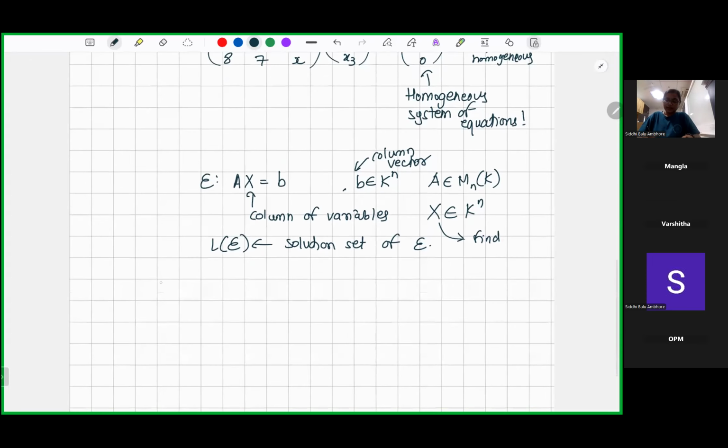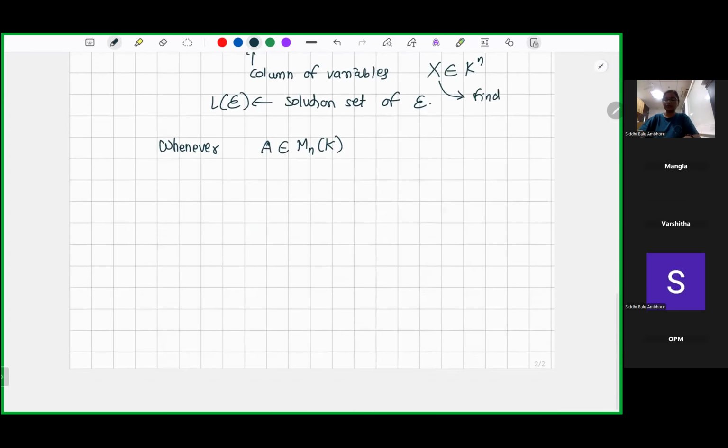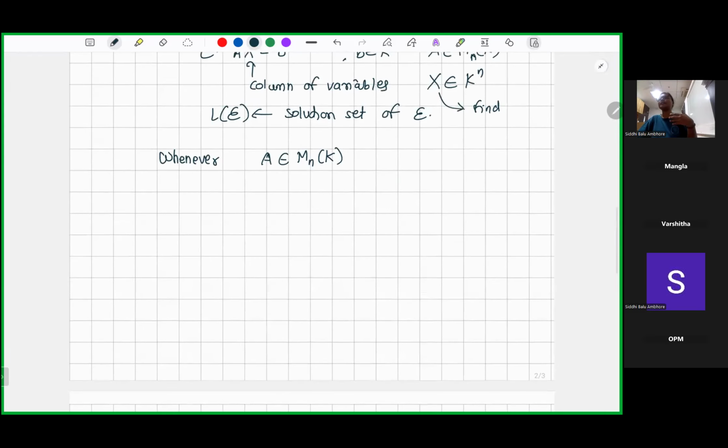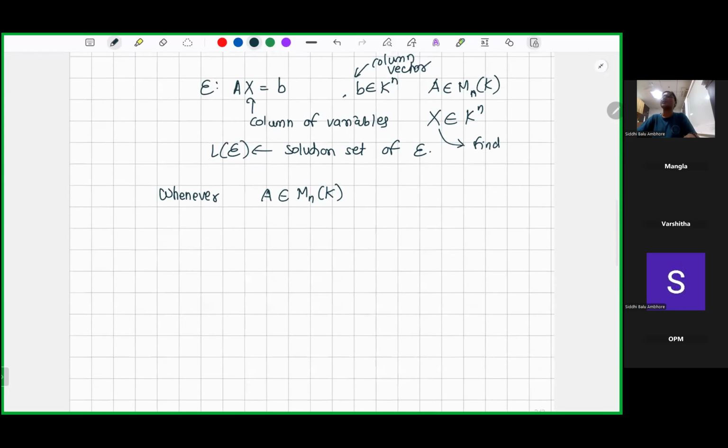Note that whenever we have A in MnK, it means this is a square matrix, and the moment I have a square matrix, I can talk about invertibility. When the number of variables and the number of equations are equal, A becomes a square matrix.